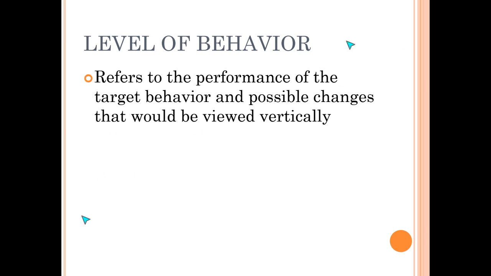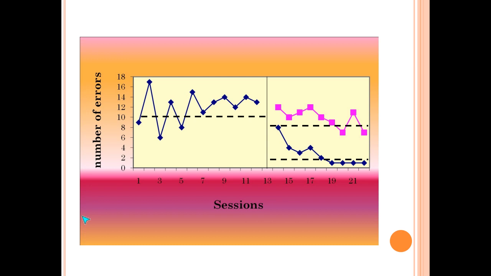Student makes a lot of errors before we are starting treatment, and then we have two different intervention options here, intervention option A versus B, and B is superior to A because we see that the number of errors is being reduced very quickly if B comes on, and if A comes on, the reduction is not as.